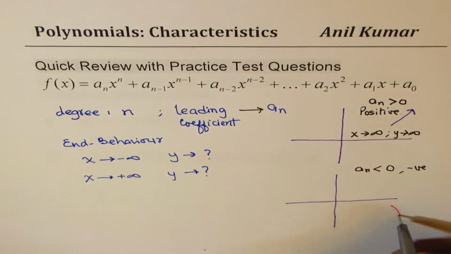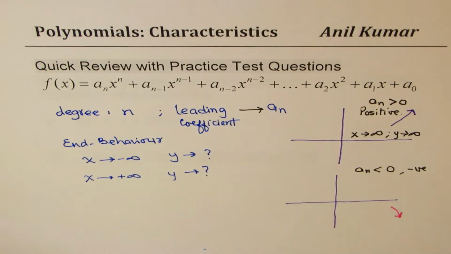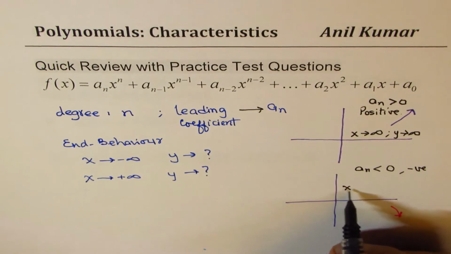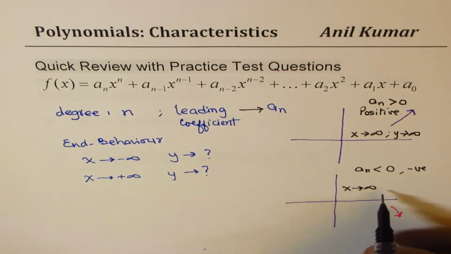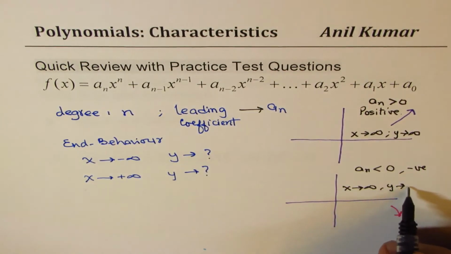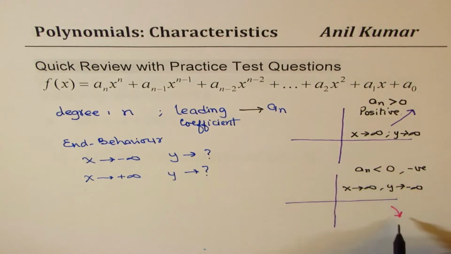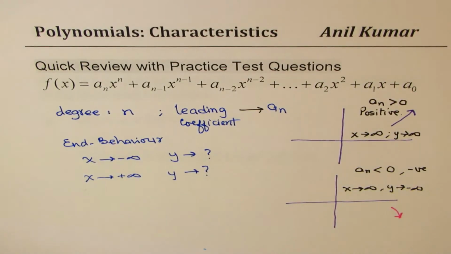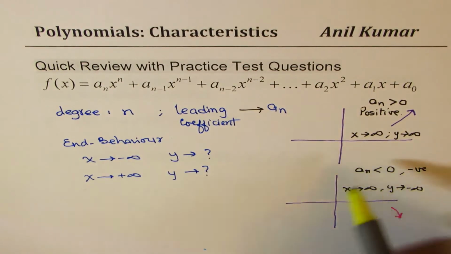In that case, the right side is down. Is it okay? When we say right side is down, it really means that when x approaches positive infinity, y approaches negative infinity, right? So that is the case when the leading coefficient is negative, right?